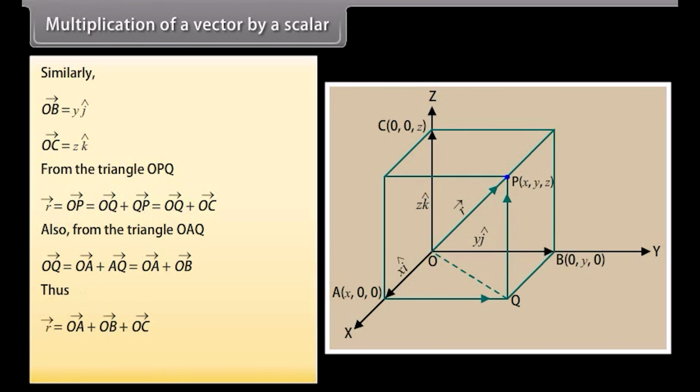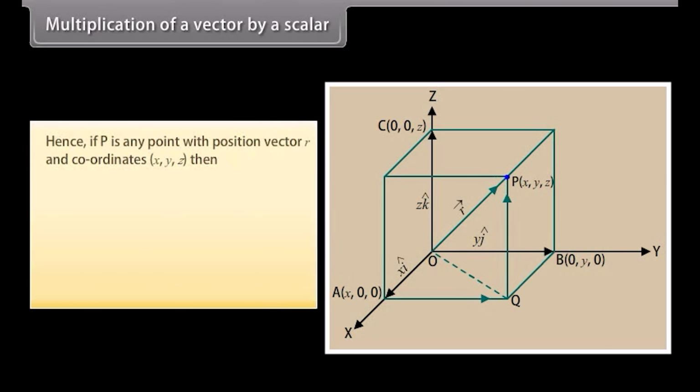Thus, vector r equals vector OA plus vector OB plus vector OC. Vector r equals x cap i plus y cap j plus z cap k. Hence, if P is any point with position vector r and coordinates x, y, z, then vector r is equal to x cap i plus y cap j plus z cap k.